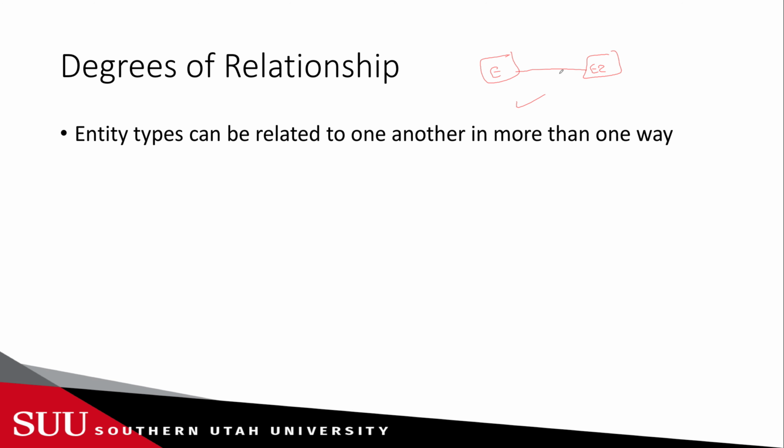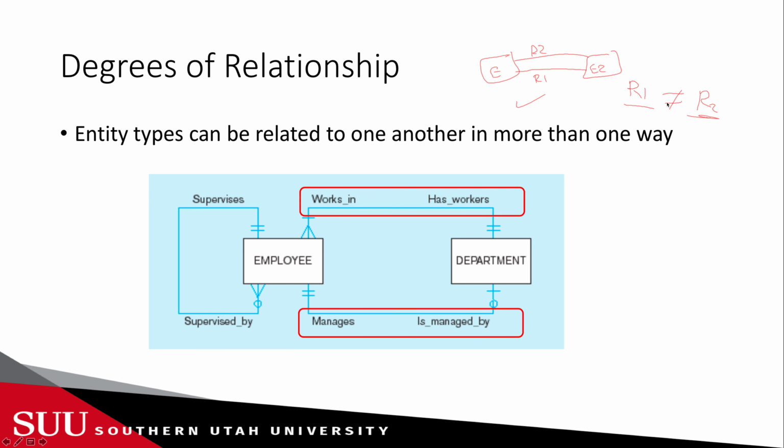That's what we have seen so far. Can I have another relationship? So this is R1 and this is R2, but then R1 is not equal to R2. So R1 is a different relationship. Can this happen? The answer is yes, and this is one example.